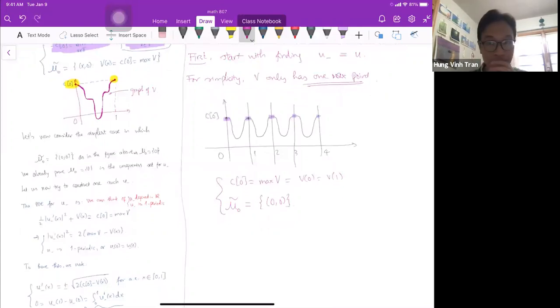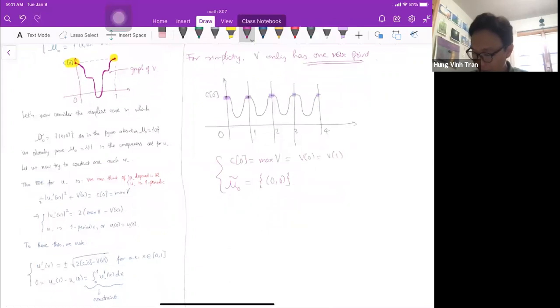In this example it's very simple, but let's try to construct U minus first.